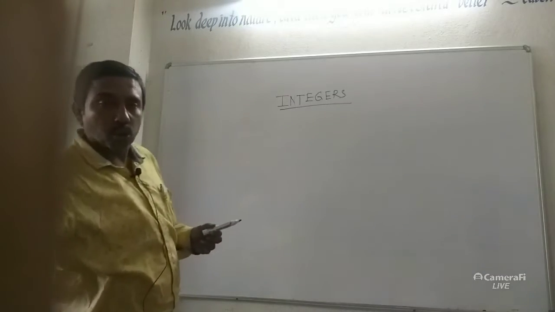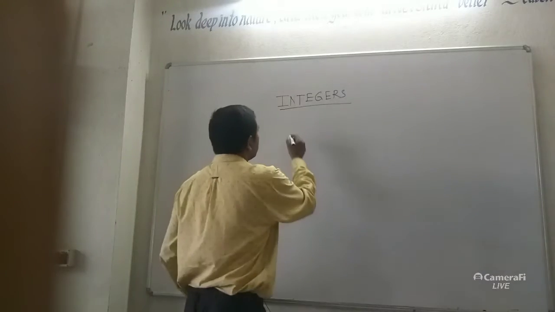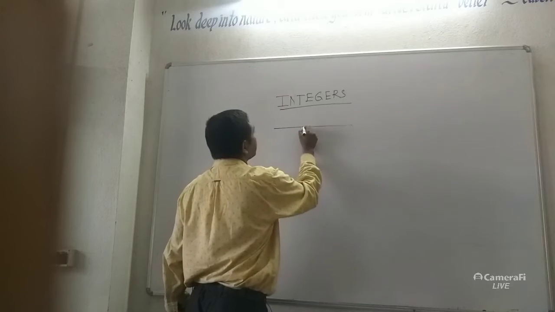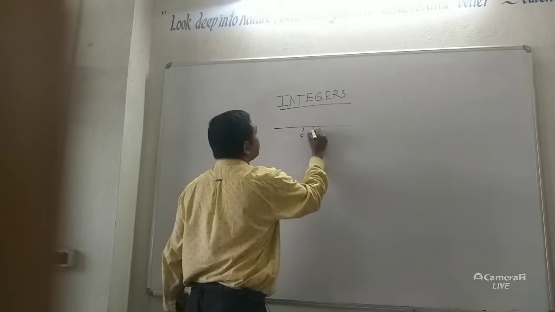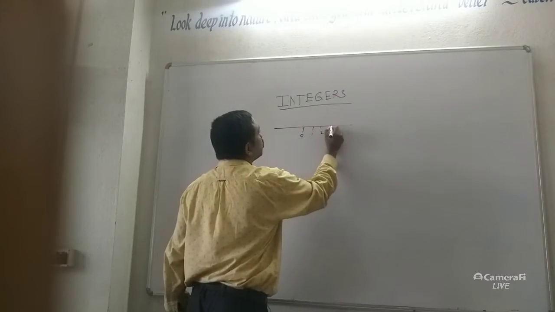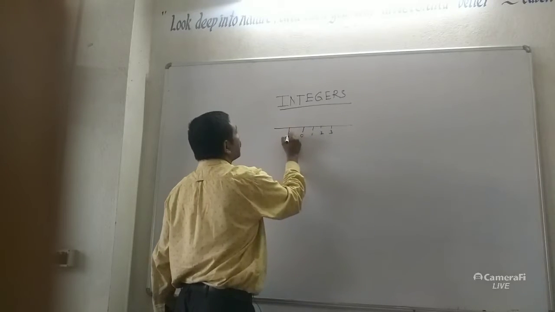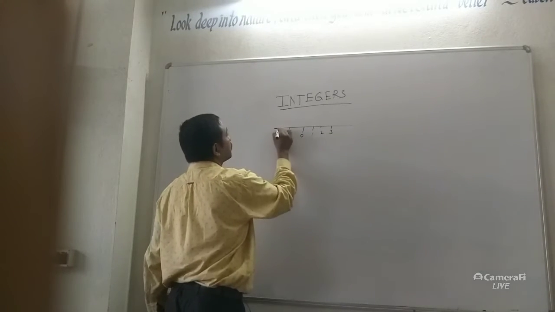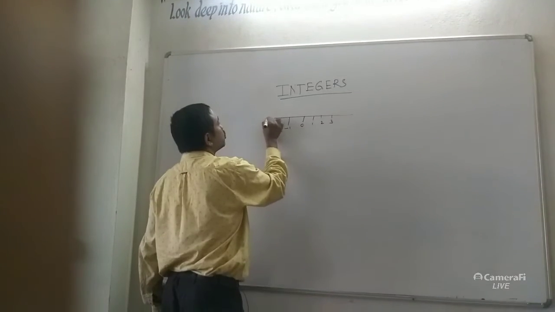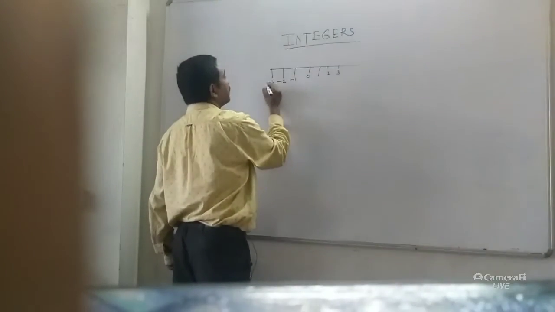how to show the integers on the number line. So this is the number line and in the middle there is 0, then 1, 2, 3 on the right side, and minus 1, minus 2, minus 3 on the left side.